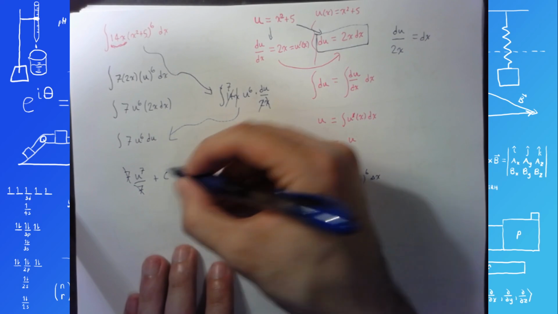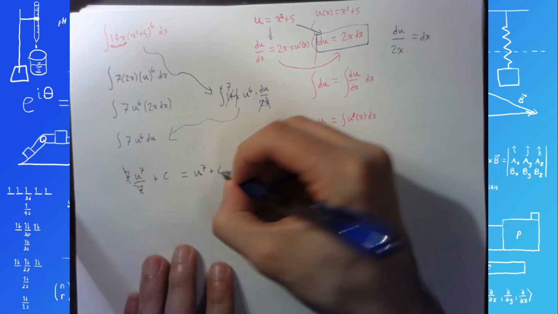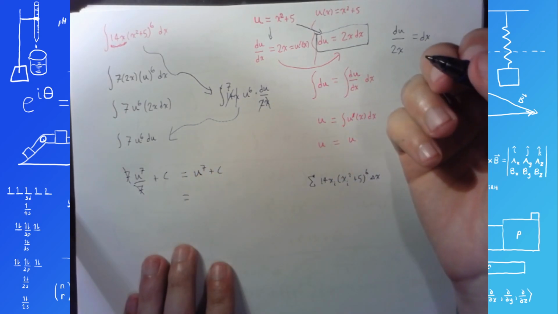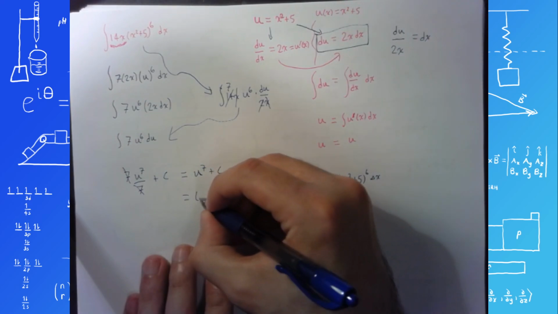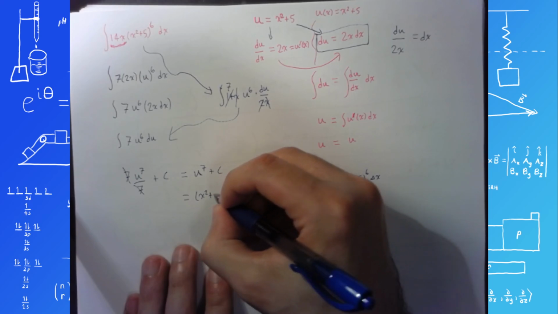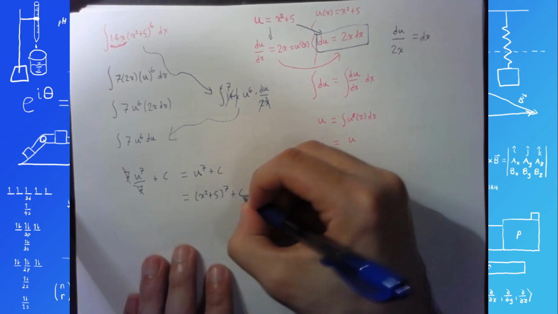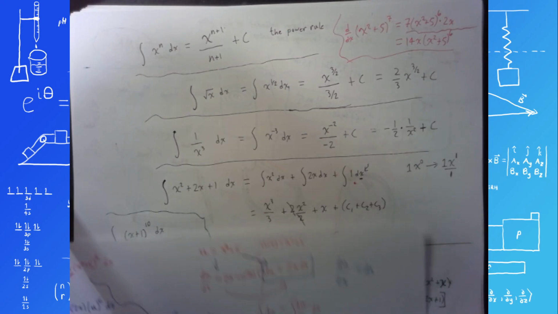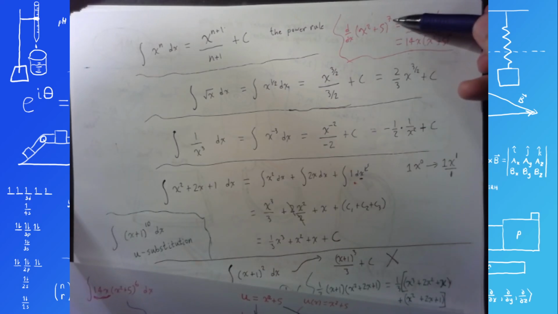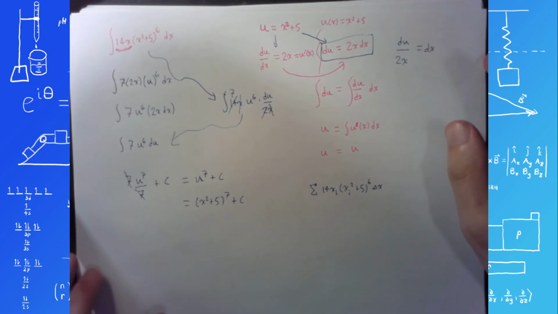And u to the 7 plus c can be rewritten back in terms of x. My u was x squared plus 5, so now I can rewrite this back as x squared plus 5 to the 7 plus c, which should be, yep, exactly what I differentiated to get this integrand to begin with.